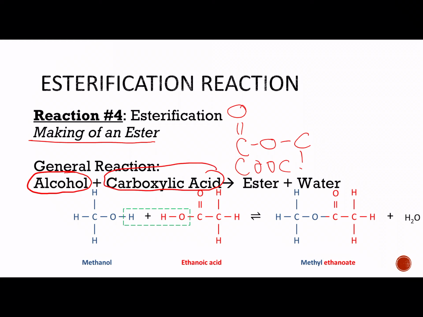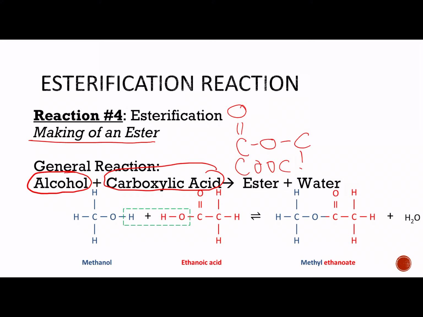So you really need to have your functional groups memorized. If you forgot, you need to re-memorize your functional groups ASAP. On that note, I think I'll post another quiz on that just to make sure we're on the same page on functional groups. So you need an alcohol and a carboxylic acid, and you make an ester and a water.